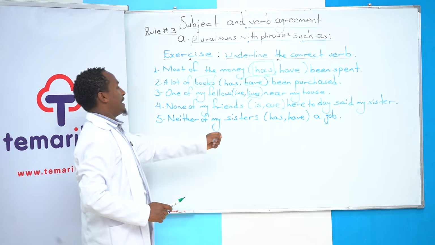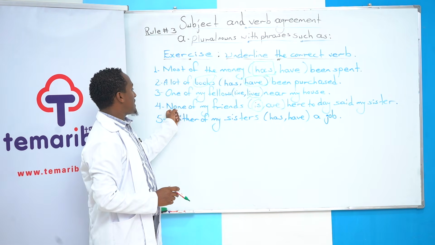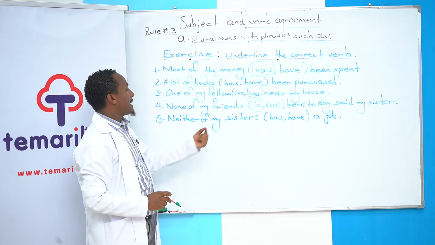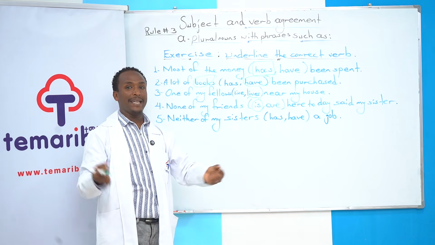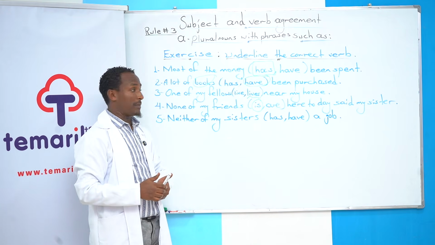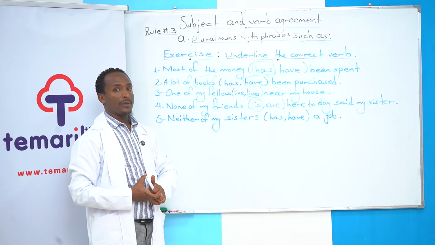If you said is, the answer is right. Why? Because this phrase with of tells us my friends separately, not together, which means none of my friends. That's why the answer goes to a singular verb.